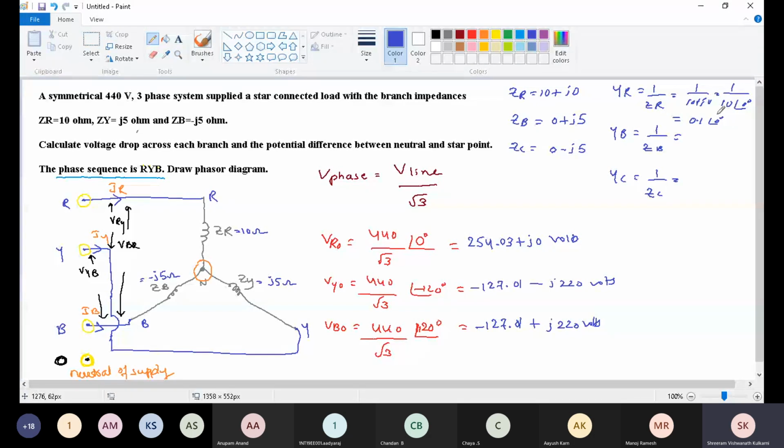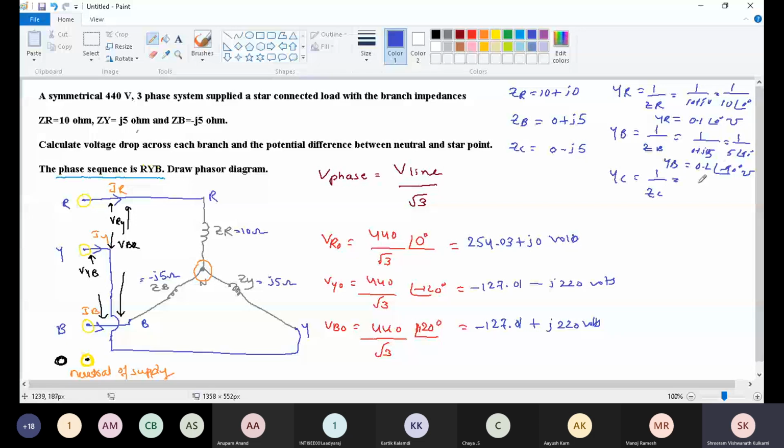What is the unit for admittance? Mho. Similarly, 1 by 0 plus j5. If I convert this to polar form, 5 and angle of 90 degree, then YB I'll get as 1 by 5, 0.2, angle of minus 90 degree mho.